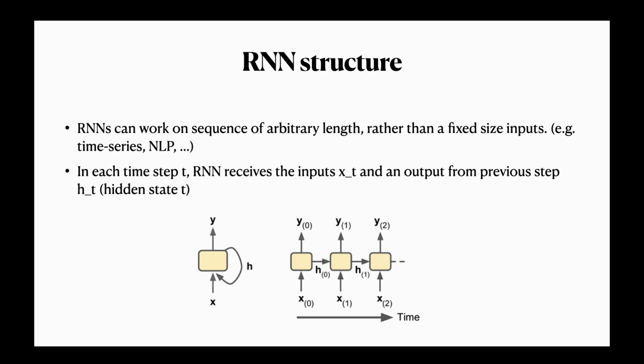Let's say you want to make a prediction about the price of a stock that was IPO'd just a few days ago. So the input X would be the first day of observation price, and then that creates a hidden state that will be fed to the model alongside the second price, and so on and so forth. The right-hand side is called the rolled out version of this network that just feeds into itself. It shows how the whole thing works.